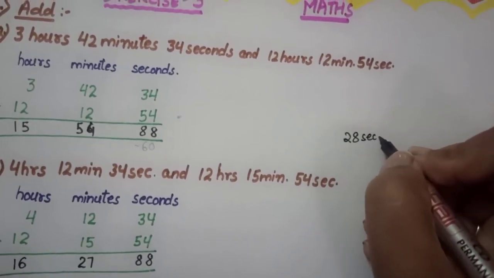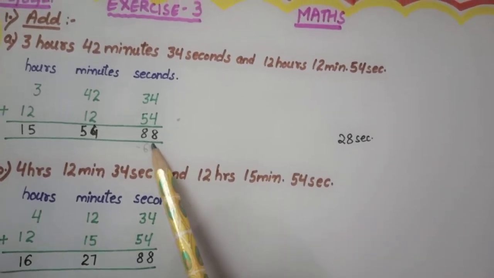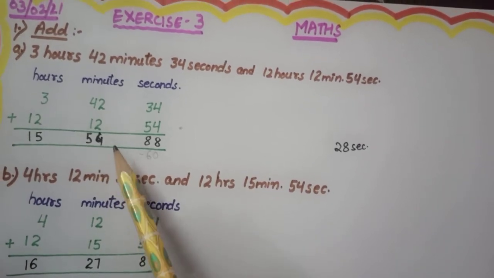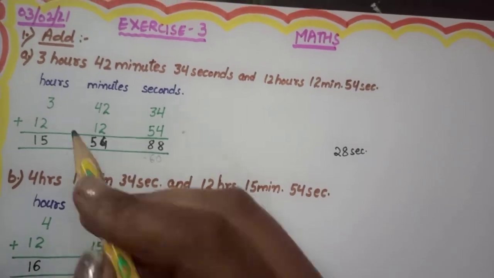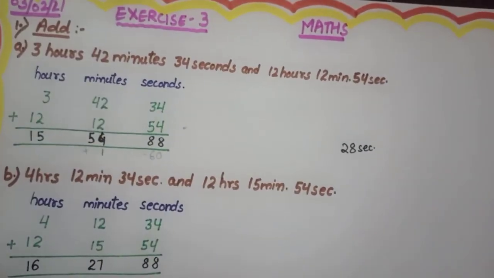So let us write it down, 28 seconds over here. And as we are giving this 60 seconds to this number, because 1 minute has 60 seconds, removing 60 from here will give 1 to the minutes part.